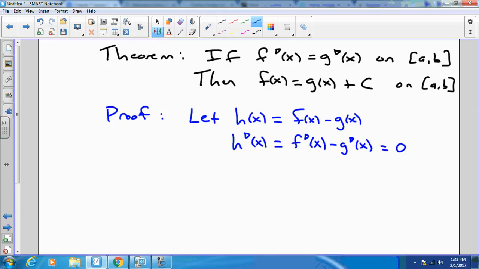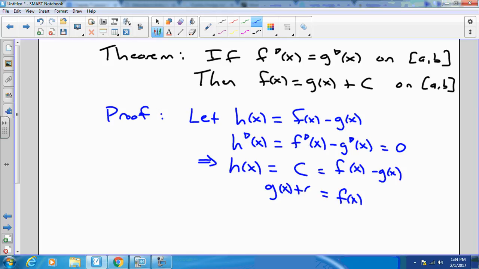But because f prime equals g prime, therefore f prime minus g prime is 0, so that the derivative of h is 0 on the entire interval a to b, which means that h of x must be a constant on that entire interval a to b. And since h of x is equal to f minus g, therefore we conclude that f of x is simply equal to g of x plus a constant, as advertised.